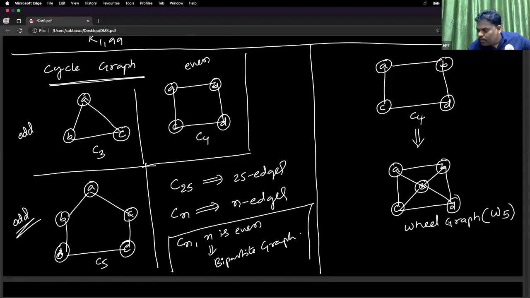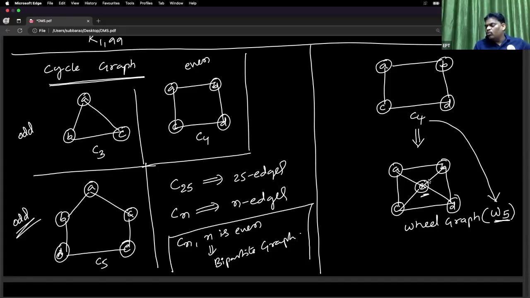But remember, the wheel graph with 5 vertices, W5, is derived from the cycle graph with 4 vertices. If you want W5, take C4, add one vertex inside, and write an edge from it to every vertex. W5 is derived from C4.